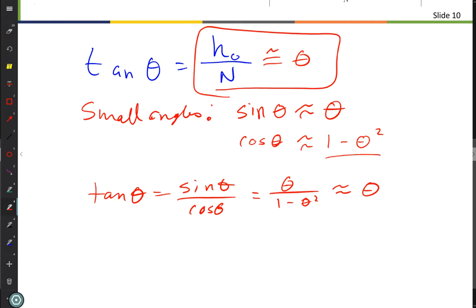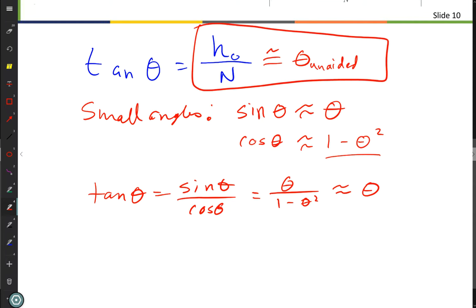So this is my unaided eye. Okay, that didn't quite fit. So the largest angle I can make something with the unaided eye is going to be the height of the object divided by the near point of my eye. Now, because I've already used her as an example, we know that Gila's near point is around 9 inches.